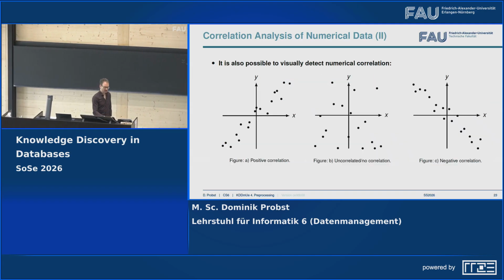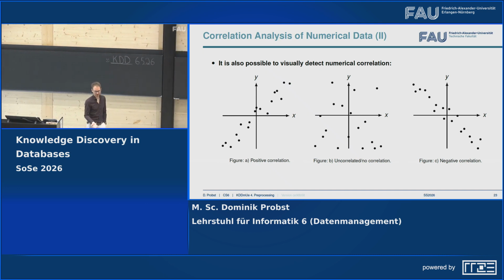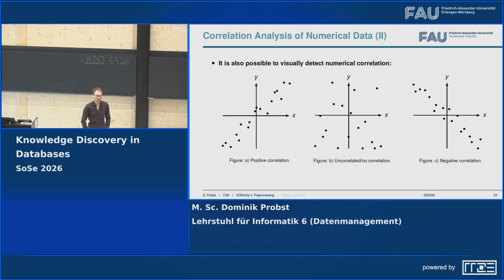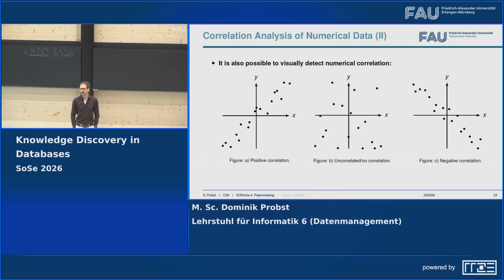I also talked about we have 1.5 methods for numerical correlation. Because numerical correlation is something we can also identify visually, if we simply plot a scatter plot, which is something you should know from last week.